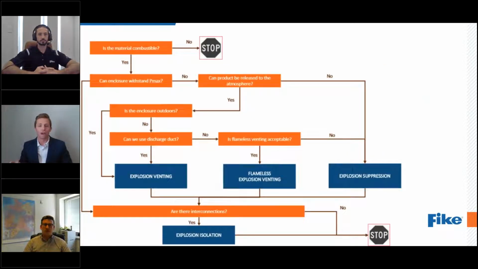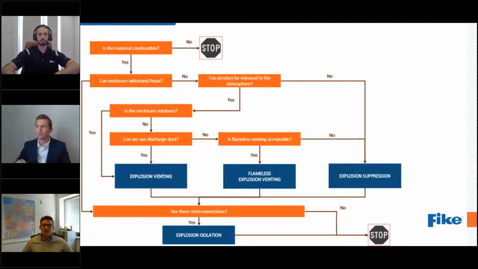Here's a really great representation, a flow map of what it looks like. Every single time there's a risk to be protected against, this flow diagram is implemented. You can see it starts at the top left and moves down.